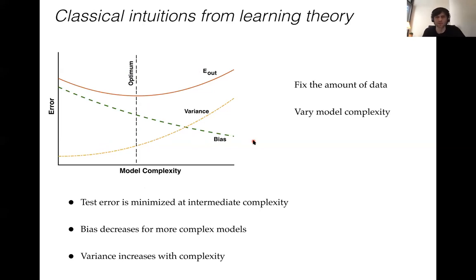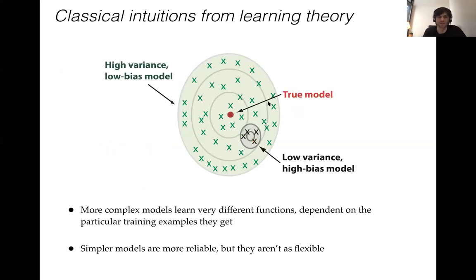And so another way to see this is to think schematically in model space. So imagine that the data came from a true model indicated by this red circle, and then we fit two different kinds of models to that. One will be a very flexible model, so it has low bias. It can do a lot of things, and in particular, it can do what the true model does.